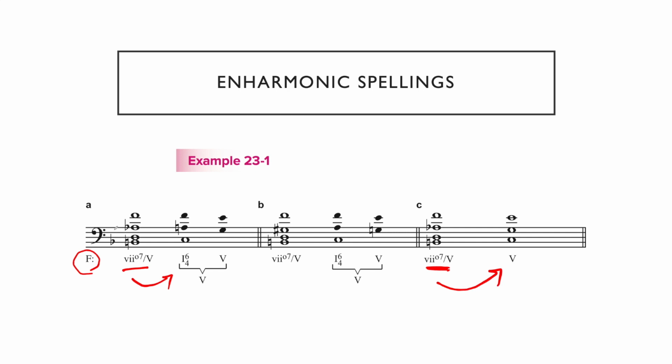If you look at this pitch, this is the theoretically correct spelling of the chord. This is B diminished 7th, and we spell it as B, D, F, and A flat. But after that, we hear A natural because it is a member of the tonic chord, and we have a cadential 6-4.